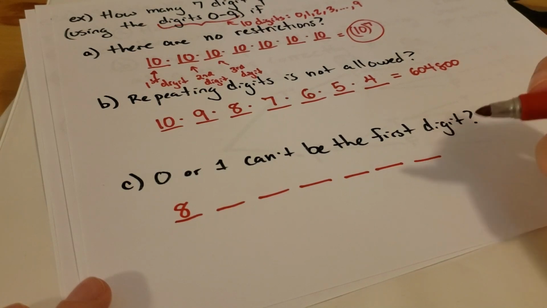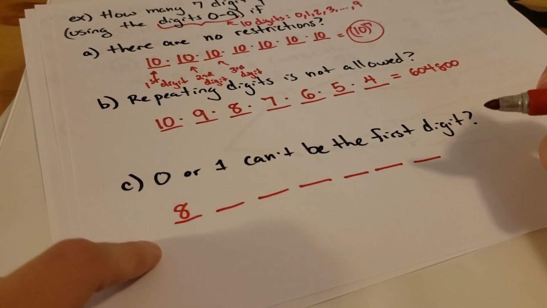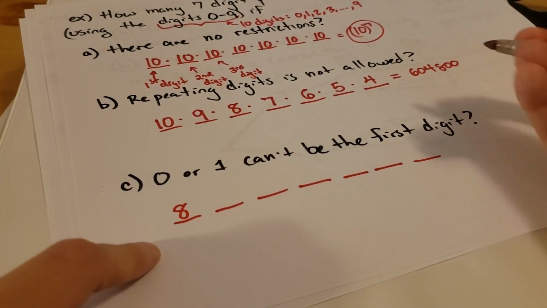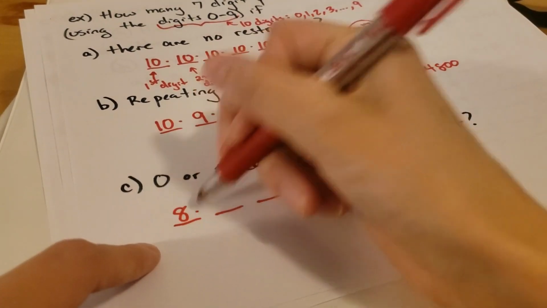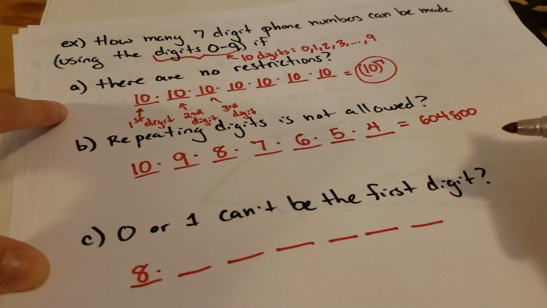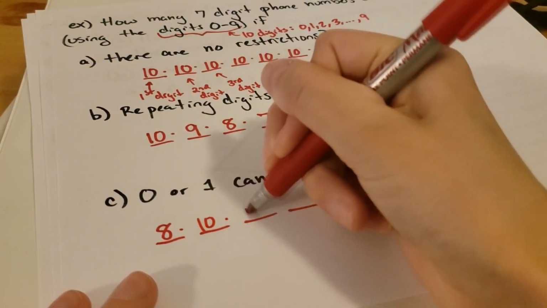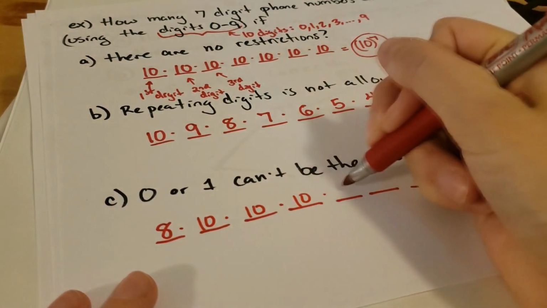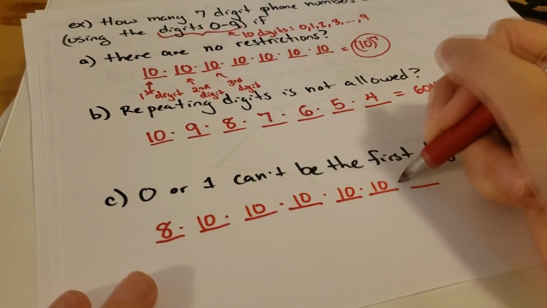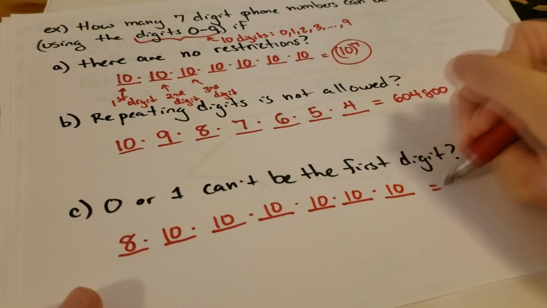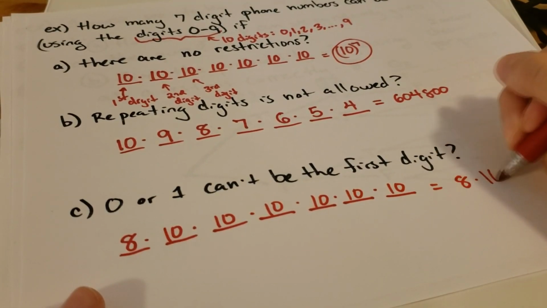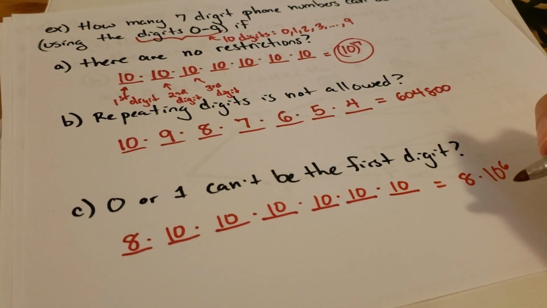So any number 2 through 9, we could put in the first position. Then, if there's no more restrictions after that, it's similar to how we did the first part. We have 10 choices left for every other digit. So what does this end up being? 8 times 10 to the 6th power.